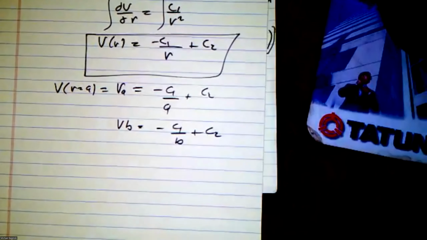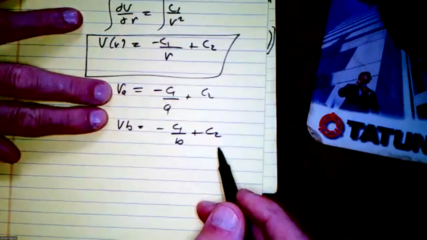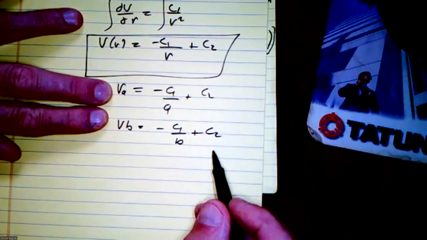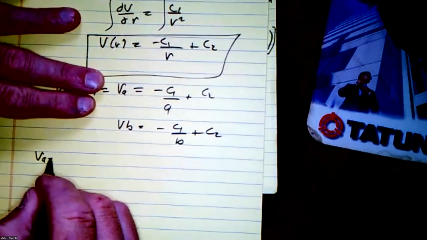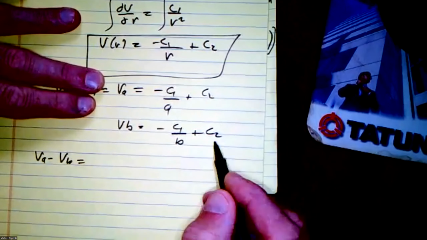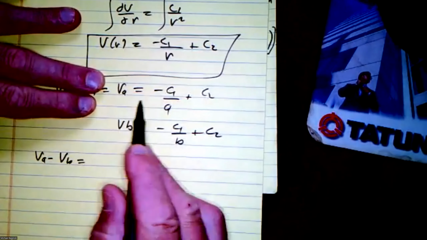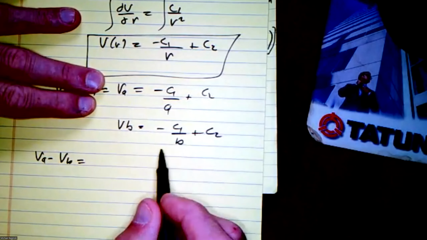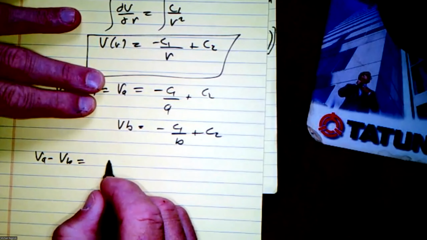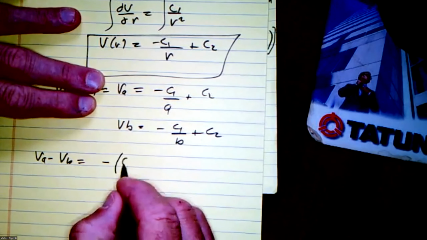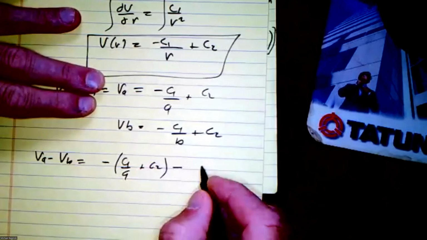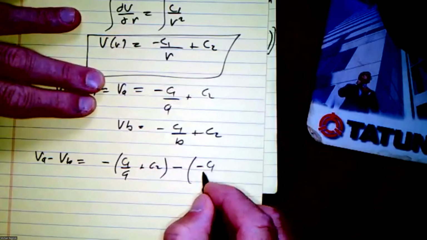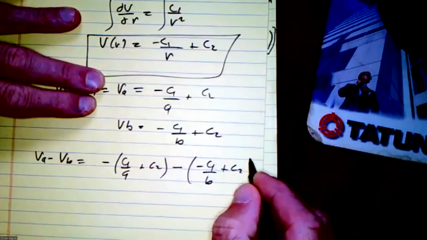Okay, y'all follow me on this? We got two equations and two unknowns. Now, if you look at this, if you take VA minus VB right here, I would have minus C1 over A plus C2 minus the quantity minus C1 over B plus C2.